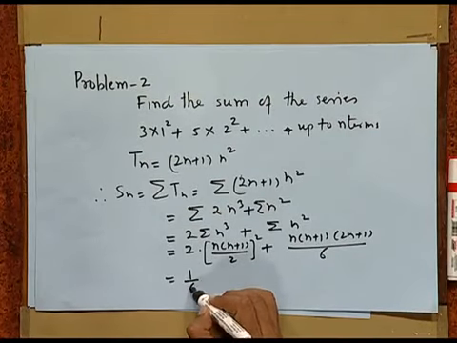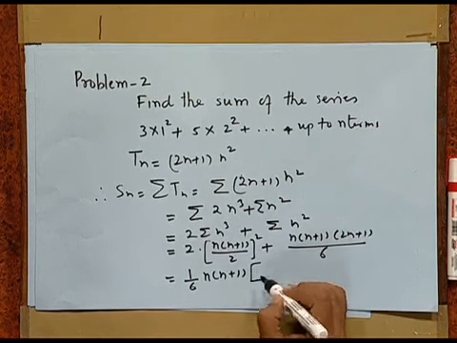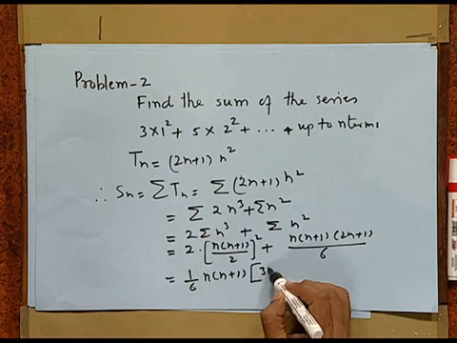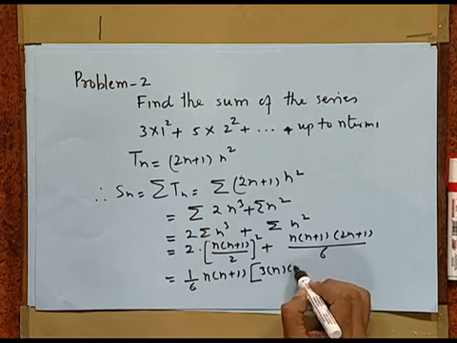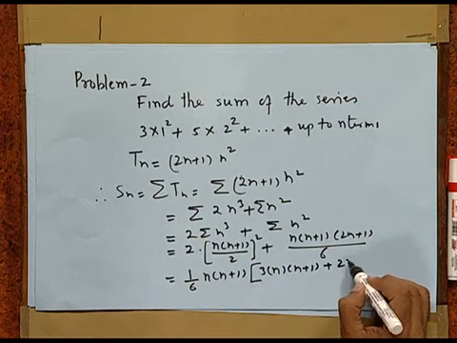1 by 6 times n times n plus 1, 3 times n times n plus 1 plus 2n plus 1.